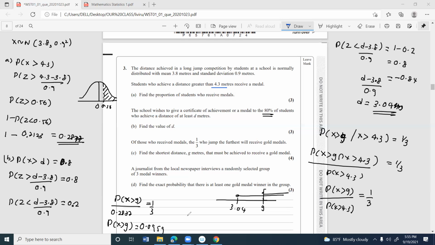Then we make them into standard normal. Z is greater than G minus 3.8 divided by 0.9 equals 0.0959.